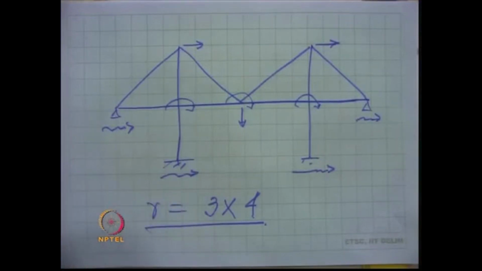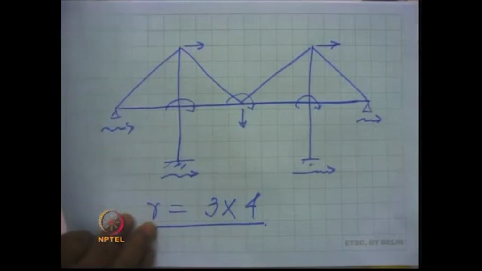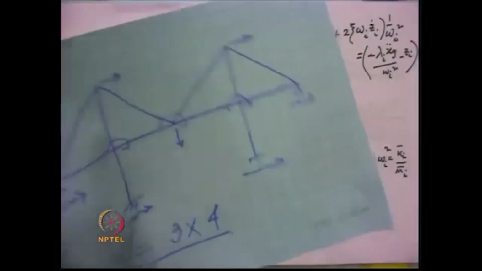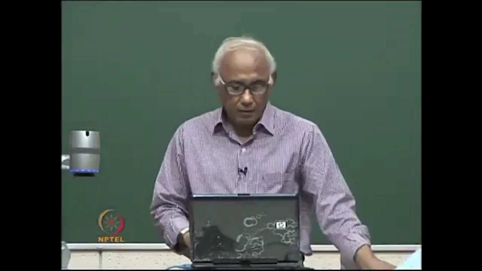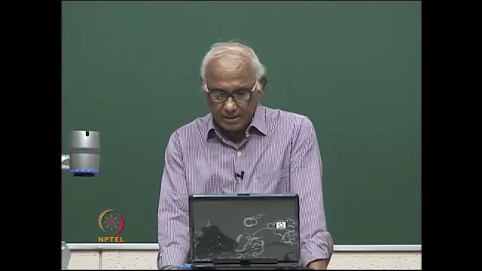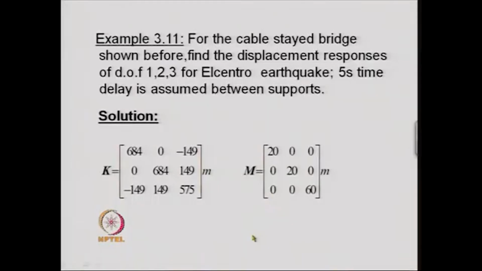Now, using that influence coefficient matrix, we want to solve this problem using the modal analysis technique. One can see here that the matrix K for the 3 degrees of freedom is this 3 by 3 matrix, and the mass matrix again is a 3 by 3 diagonal mass matrix.